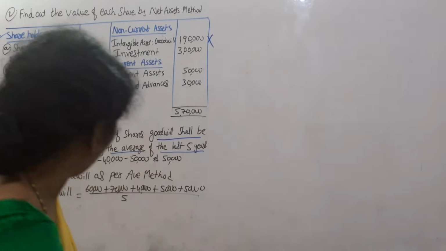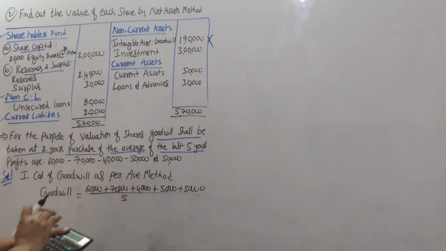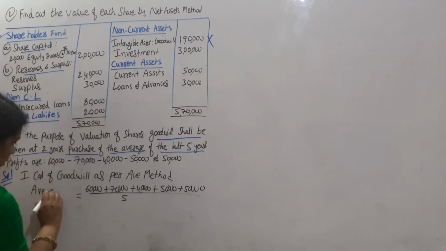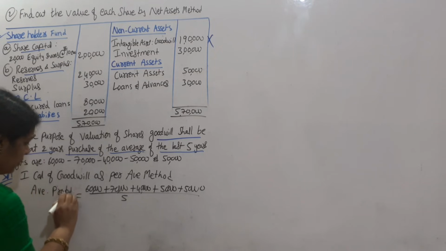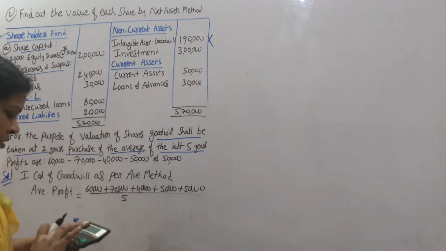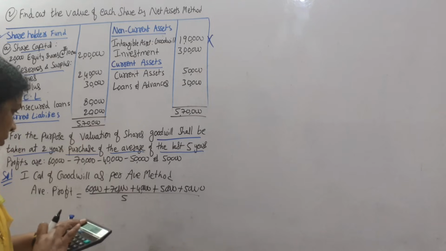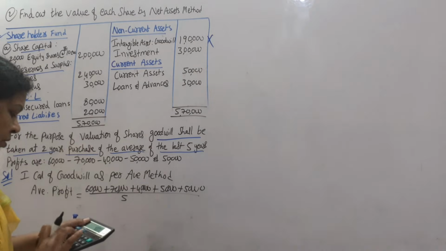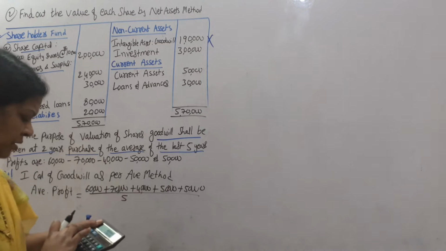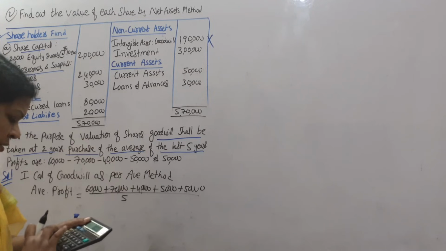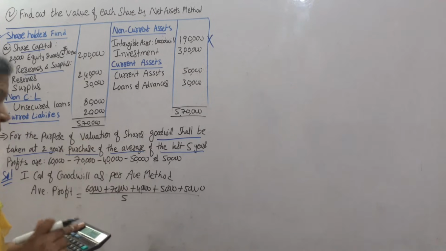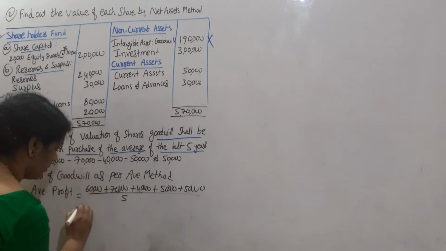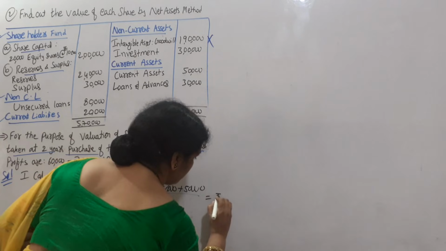So that you will get average goodwill. Average profit, sorry, this is average profit first. Average profit we are finding out: 60,000 plus 70,000 plus 40,000 plus 1 lakh you can take directly. It is 2,70,000 divided by 5, it is 54,000.